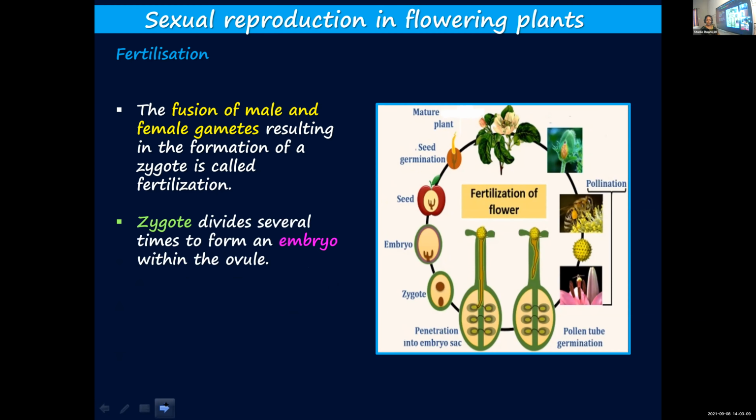And the zygote will divide. How many cells are there in a zygote? Savio, how many cells in a zygote? I'm not able to follow you. Can you repeat it again? How many? 1, 2, 3, many. Which is the correct option? Many.